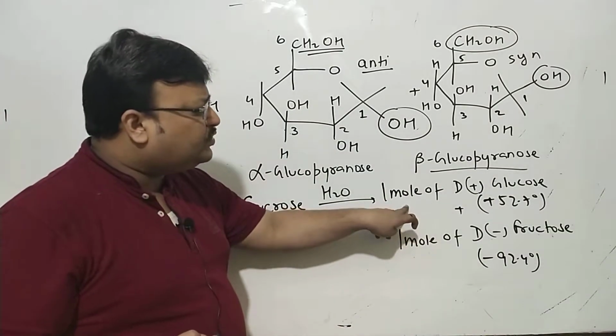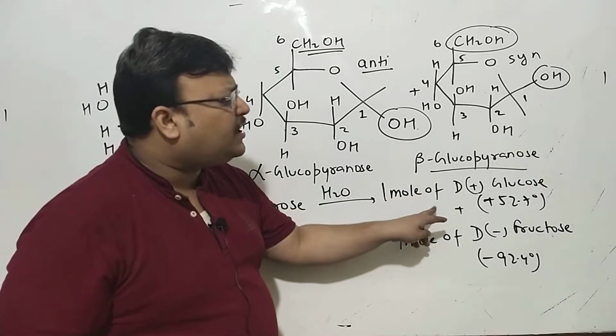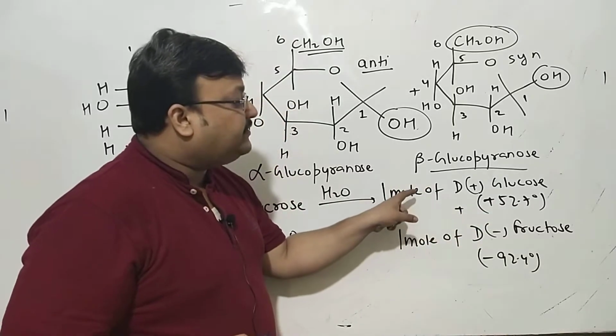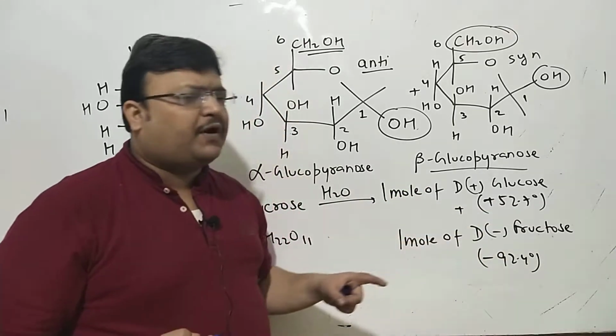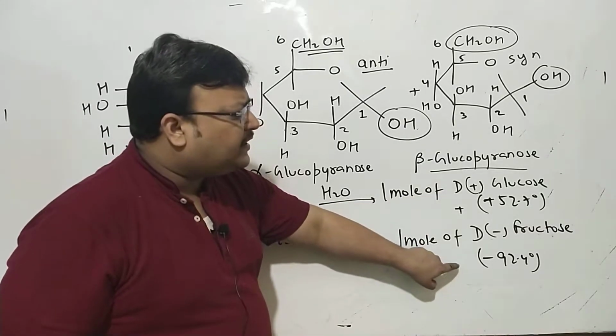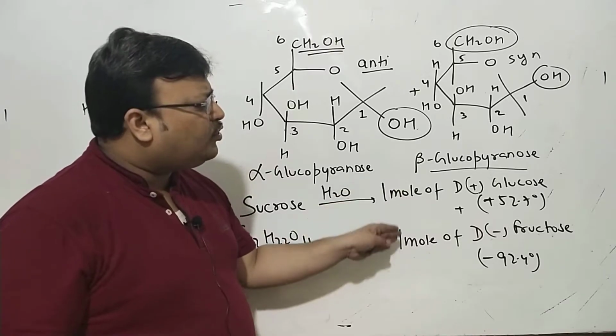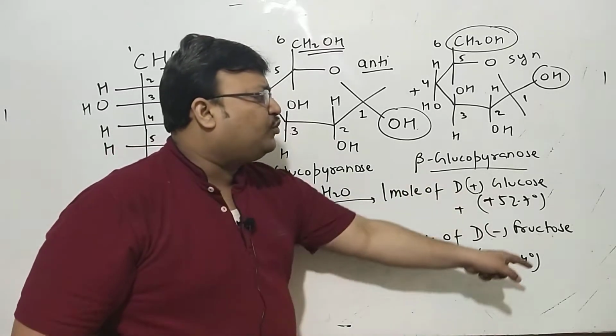This is an aldohexose, this is the ketohexose. But what's important is this is dextrorotatory by plus 52.7 and this is levorotatory by minus 92.4. Naturally, because this is more levorotatory than the dextrorotatory nature of glucose, an equimolar amount of both will be levorotatory.